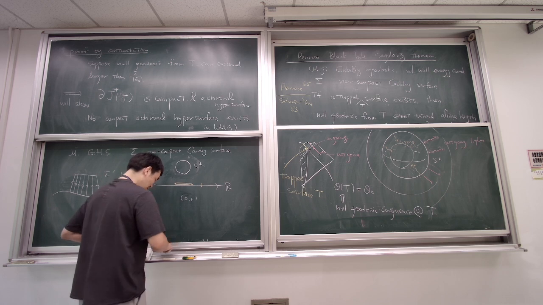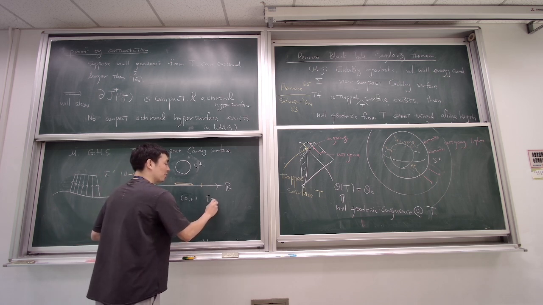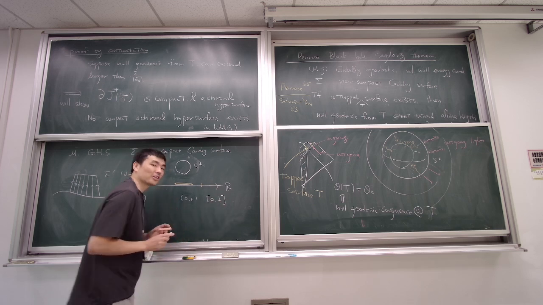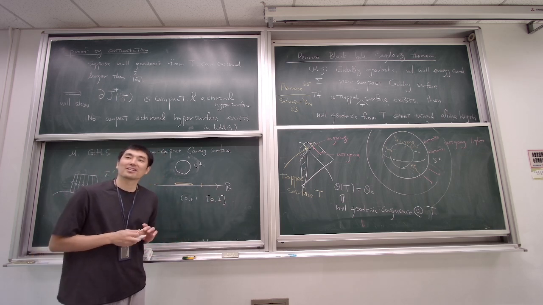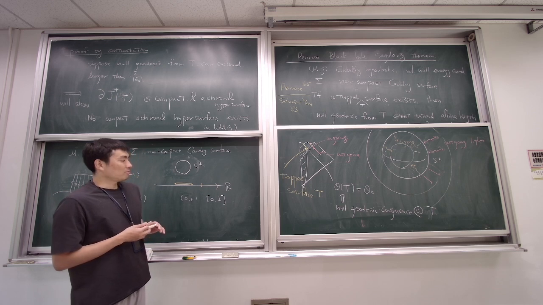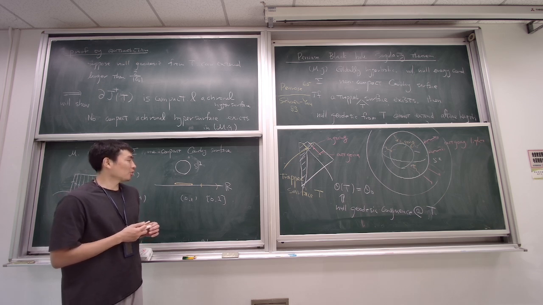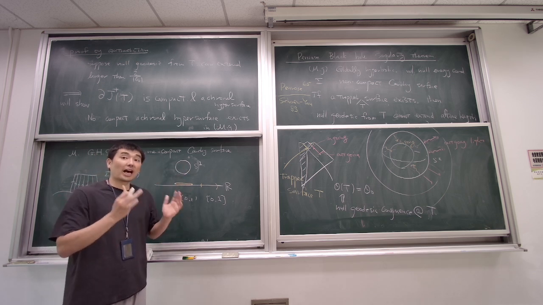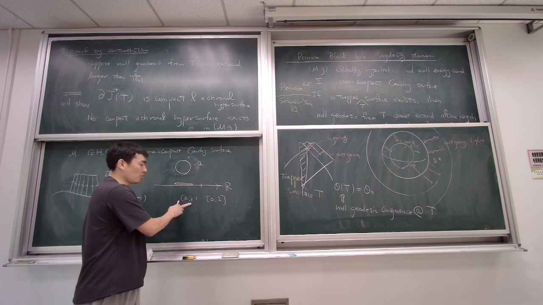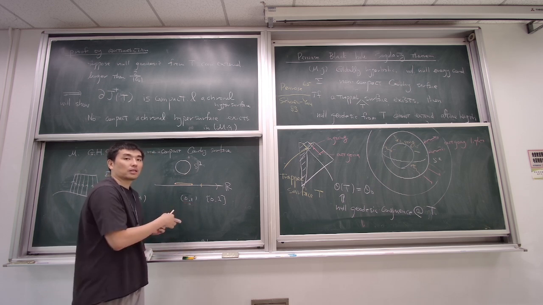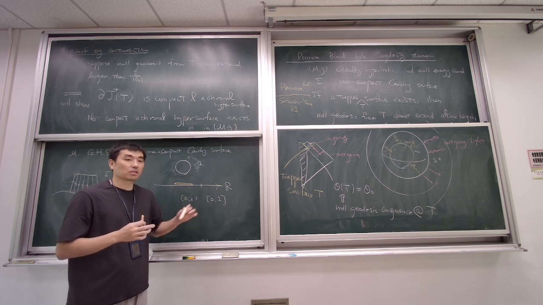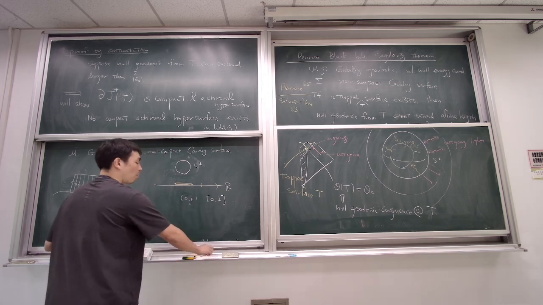But if you include the endpoints 0 and 1, it becomes compact. So it has to be bounded and also closed. This one is open, so it's bounded, but it has to be closed. That's the definition of compact.